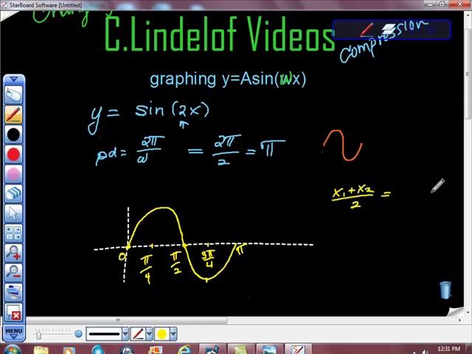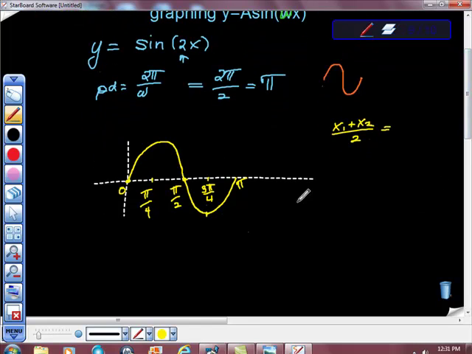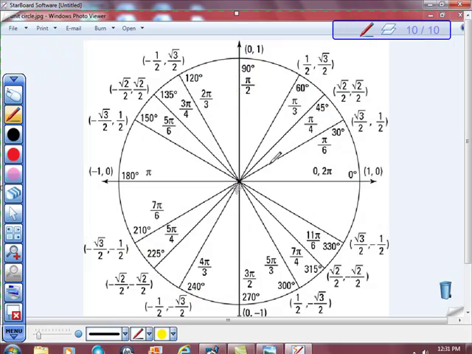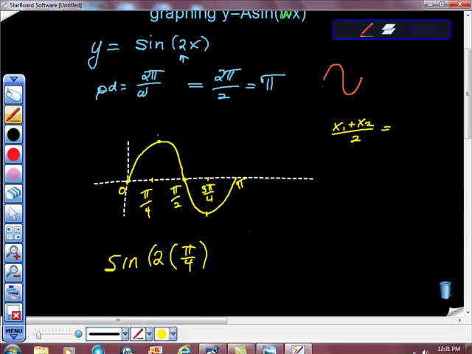Now I'm going to go and fill these values in, and it's not that difficult, but what you have to remember is this. Our function says sine of 2 times x. So if x is pi fourths, well, 2 times pi fourths is pi halves. So I go look at my unit circle, and sine of pi halves is 1. So I go back to this and say, okay, this is pi fourths, 1.